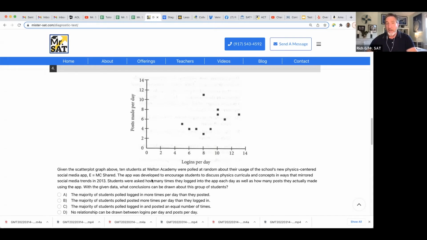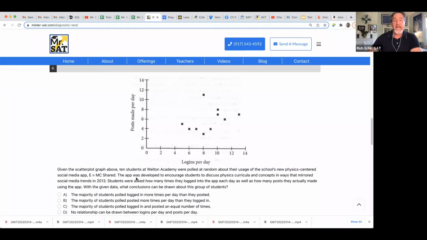The app was developed to encourage students to discuss physics curricula and concepts in ways that mirrored social media trends in 2013. This is what I can tell you, is that most of all that is gobbledygook. It's all background information that's really not going to play into this. So just know that. You got to pay attention and focus in on it, but I don't think it's going to come into play.